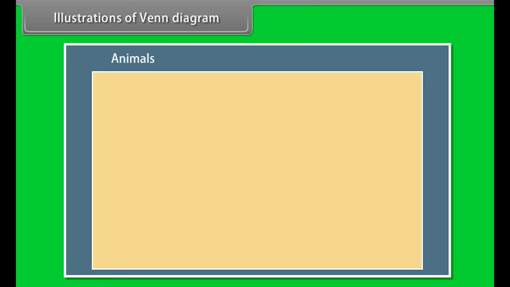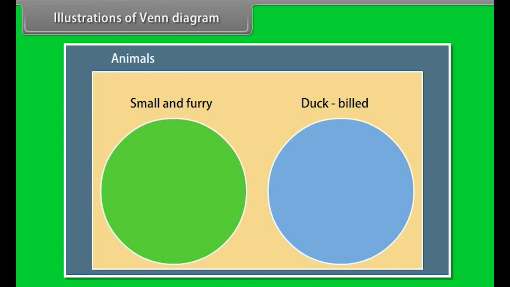Let's say we want to classify things according to being small and furry or being a duck-bill. We draw circles to display our classifications. Now we'll fill in or populate the diagram. Moles, rabbit skunks, and my cat are all small and furry.